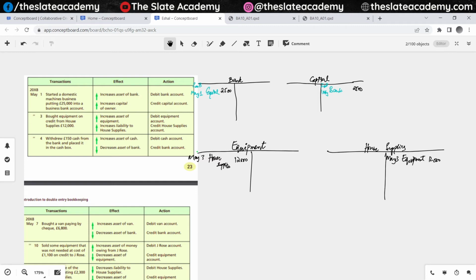So the asset of bank is decreasing and the asset of cash is increasing. For bank, I already have an account. I won't make a new one, but for cash I don't already have an account, so I'll make an account for cash now.